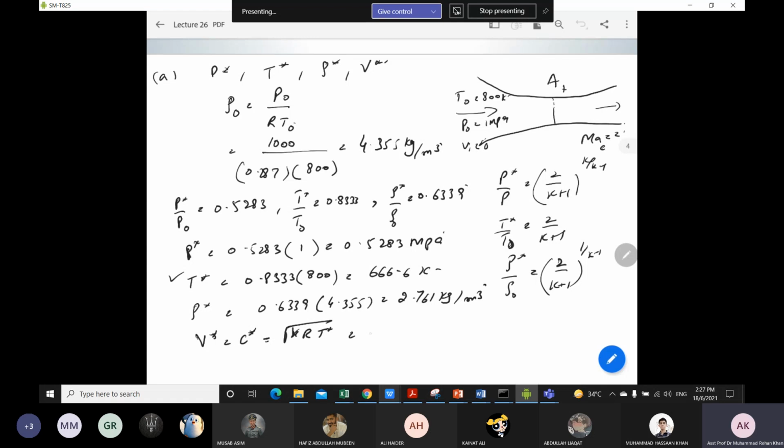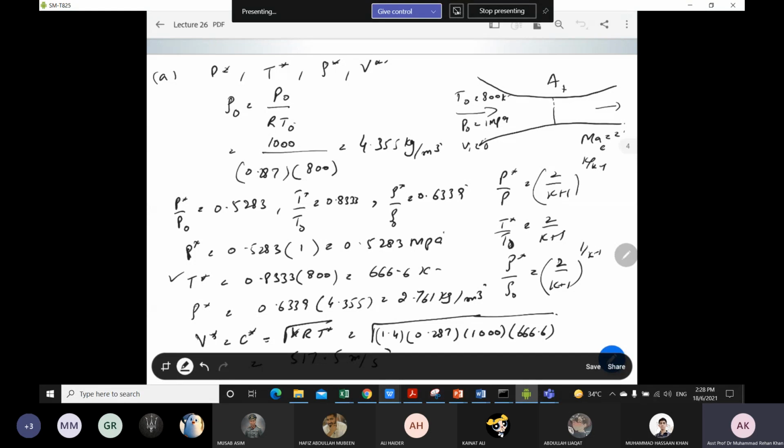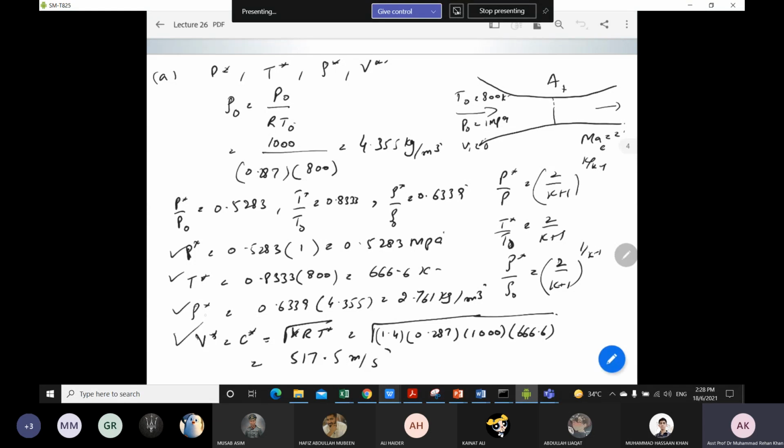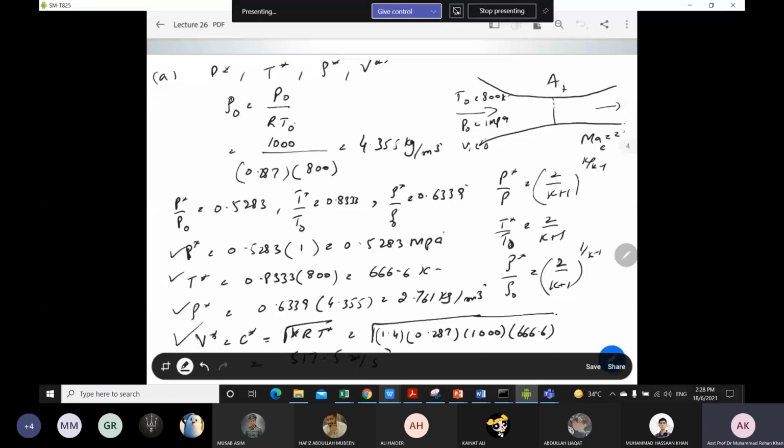So simply you have to put the values: 1.4, 0.287, 1000 for the conversion factor, and 666.6 for T star. From here your V star becomes 517.5 meter per second. So all the properties related to the throat condition, which are P star, T star, rho star, and V star, you have already found. This is the required solution for part A. You have to note it down, and then we move towards part B.